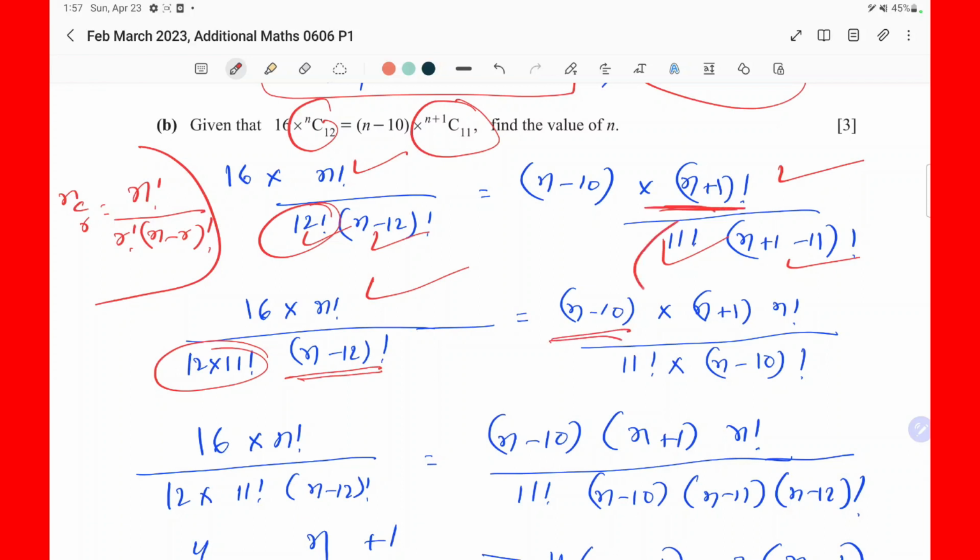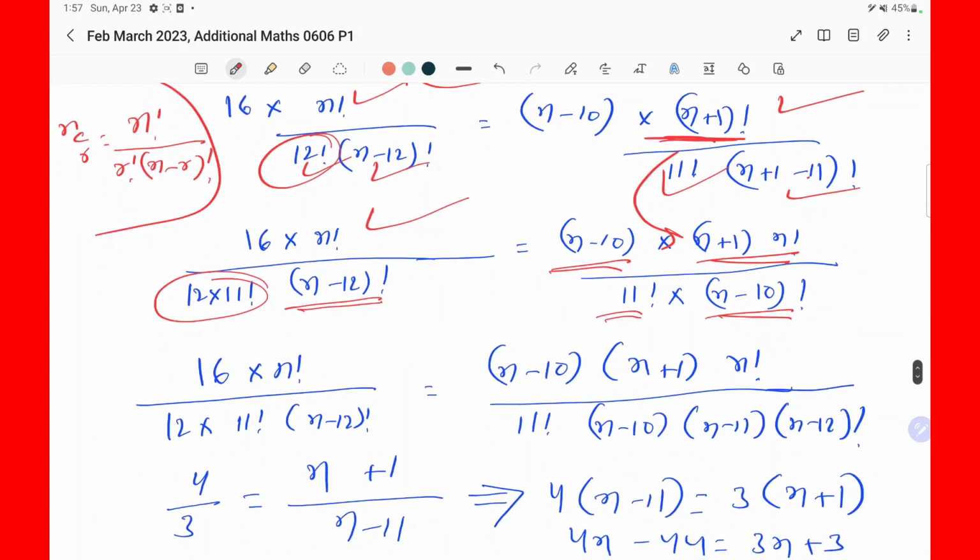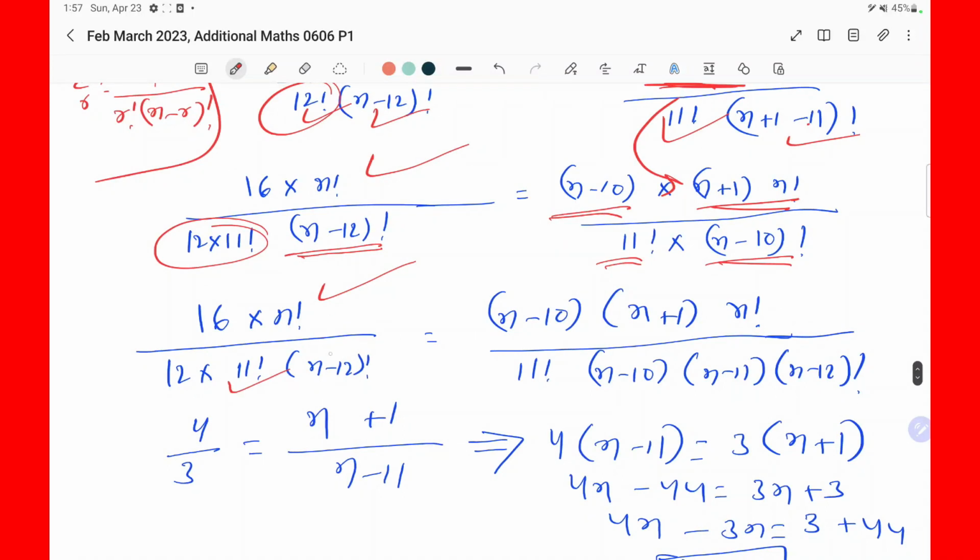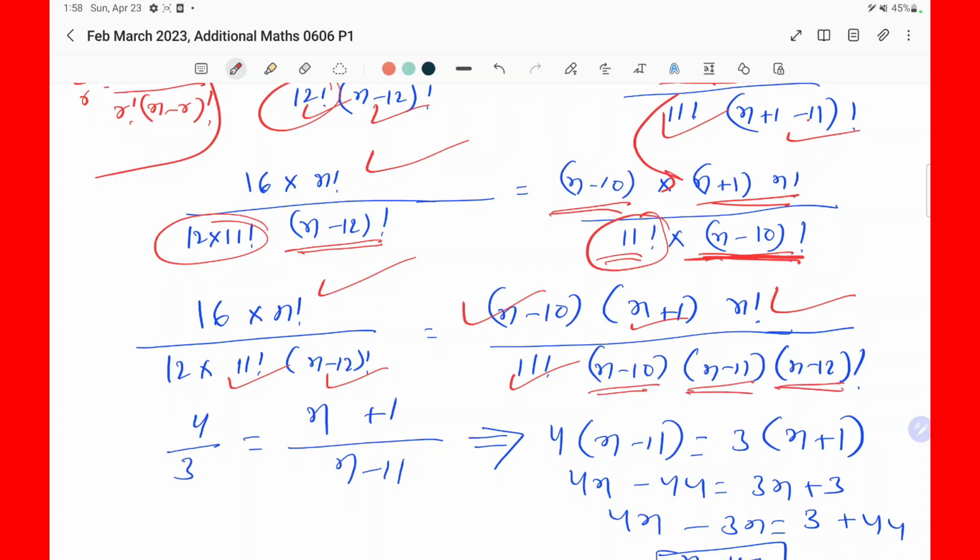n plus 1 factorial, you can write n plus 1 times n factorial. This is 11 factorial and n plus 1 minus 11, n minus 10 factorial. Now 16 times n factorial here, this is 12 times 11 factorial, n minus 12 factorial, n minus 10. n plus 1 times n factorial, 11 factorial as it is, n minus 10 factorial, you can write n minus 10, just subtract one more, n minus 11, then subtract more, n minus 12 factorial you can write.